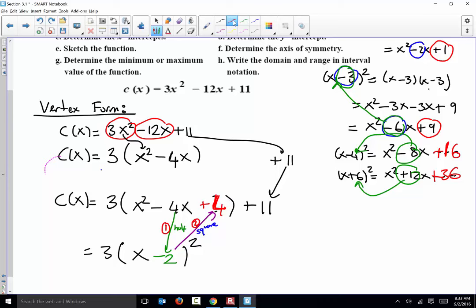It's not over. Once you add something here, you have broken the balance. C of x is no longer this thing. So you have to take off what you have added to that parenthesis from the end. So how do I do that? So I just subtract 4 because I added 4, right? Is that right?